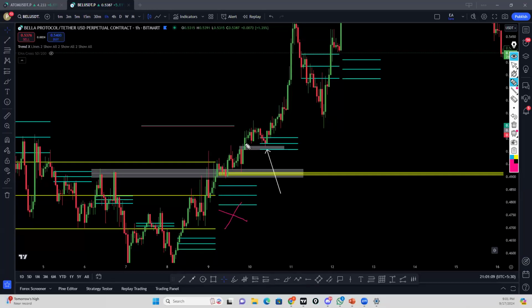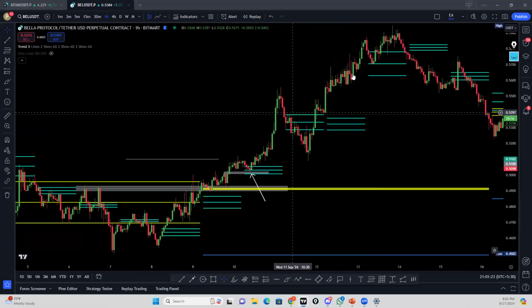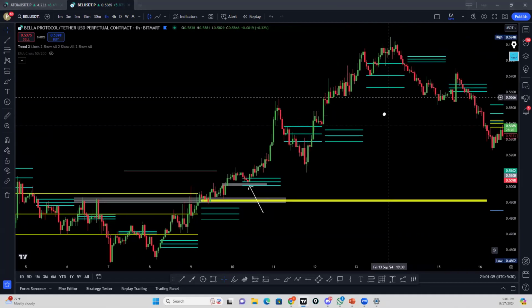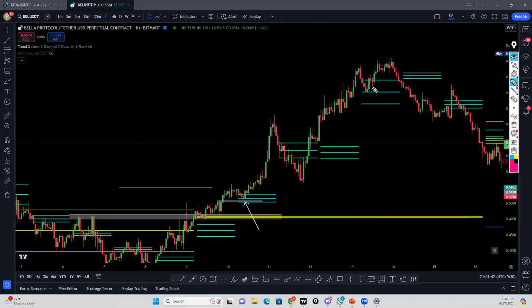The day two, we gave one zone. From here we should look for long positions. Absolutely, it took support from the same area, and on day two itself the market achieved good targets. Just look at this. As soon as it reached here, maybe weekly R2, it reversed. Then after coming back it took support and went up. The next day, maybe this was a Friday, it again took support from this level and achieved the target.